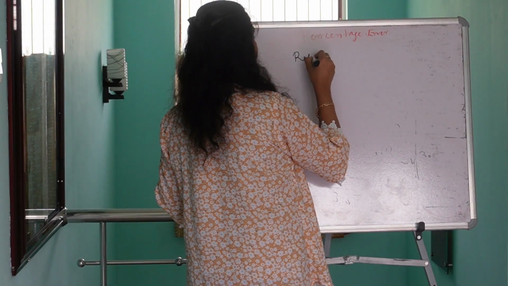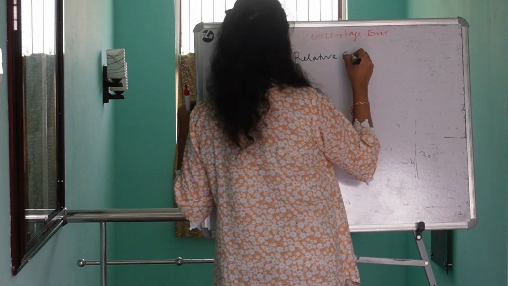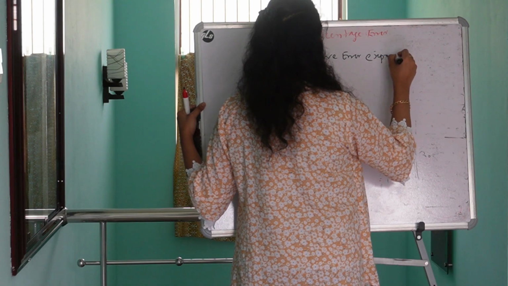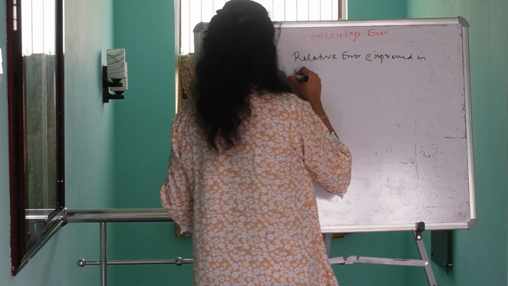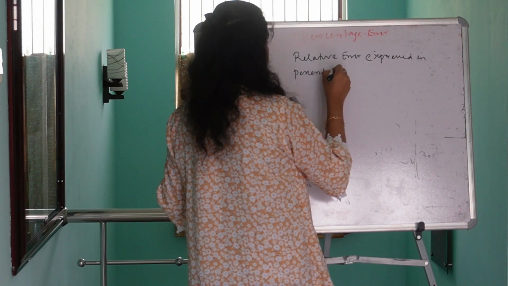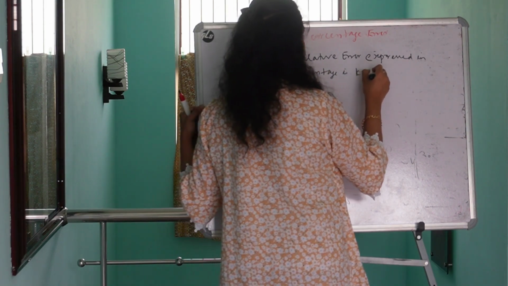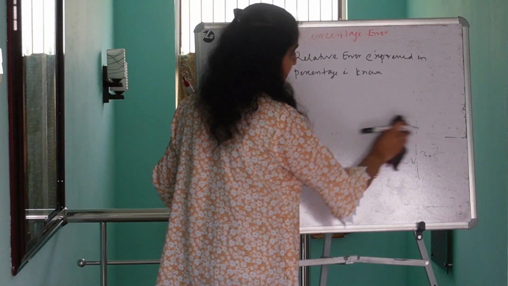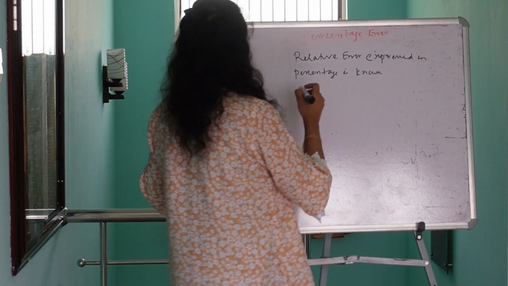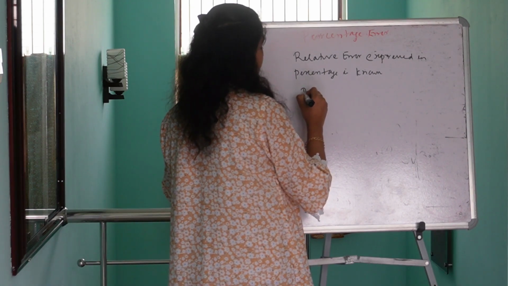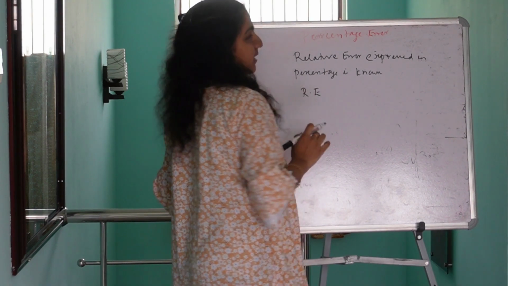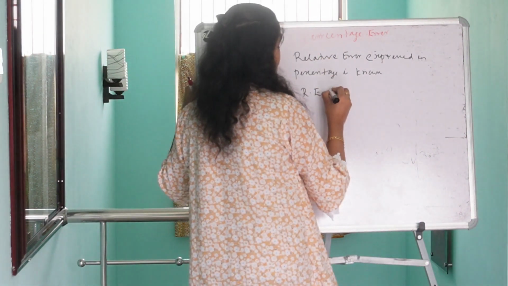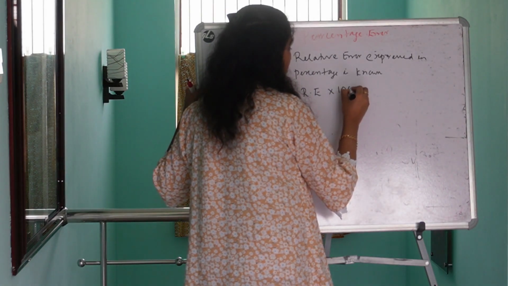Relative error expressed in percentage is known as percentage error. How do we calculate the percentage value of something? If the relative error is given as RE, the value of percentage error is equal to relative error into 100.